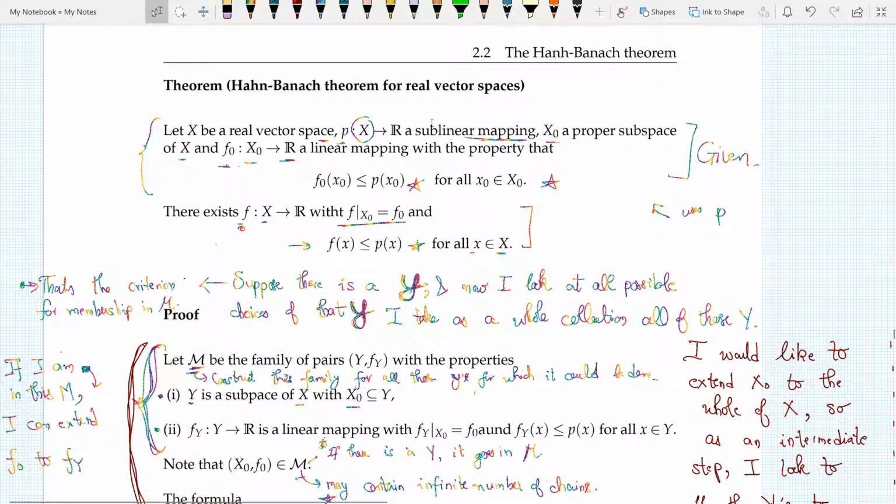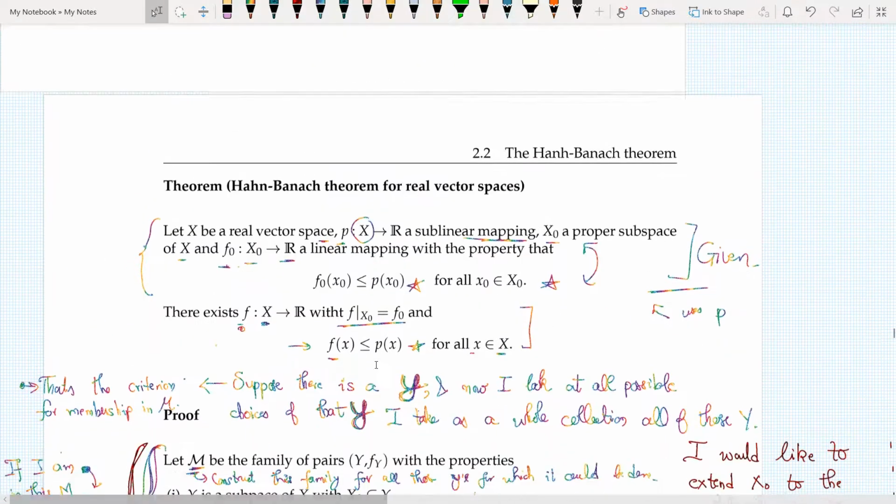In the case of real vector spaces, I had this P, and I just had to show that there exists an F defined on all of X together with this property. As soon as I have this construction, immediately I can use Hahn-Banach and say that indeed my F goes from X to R with F of X less than or equal to P of X.